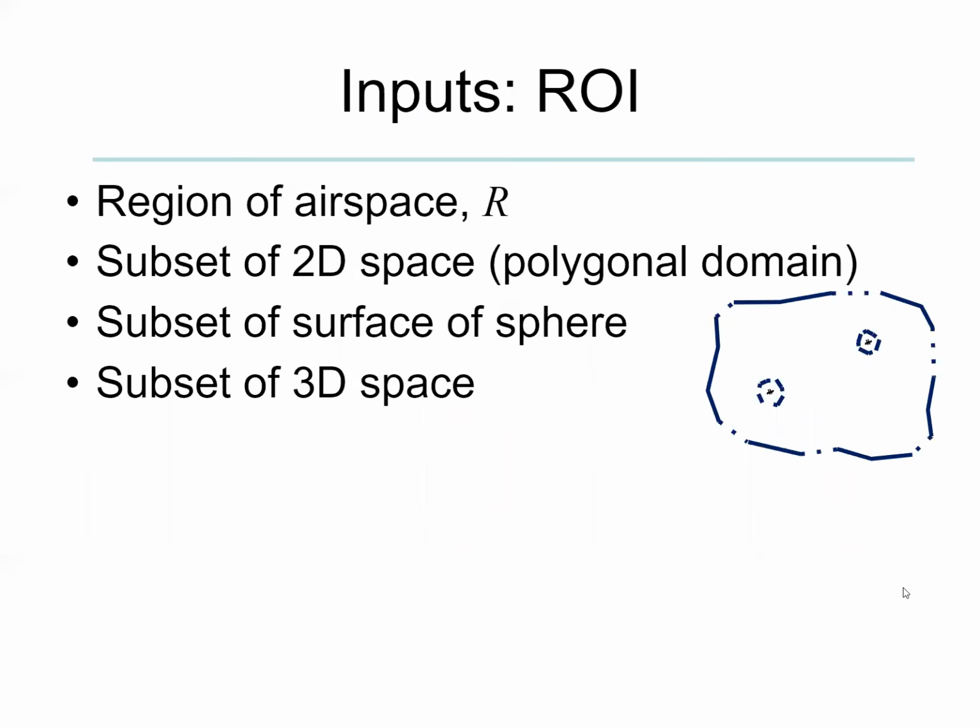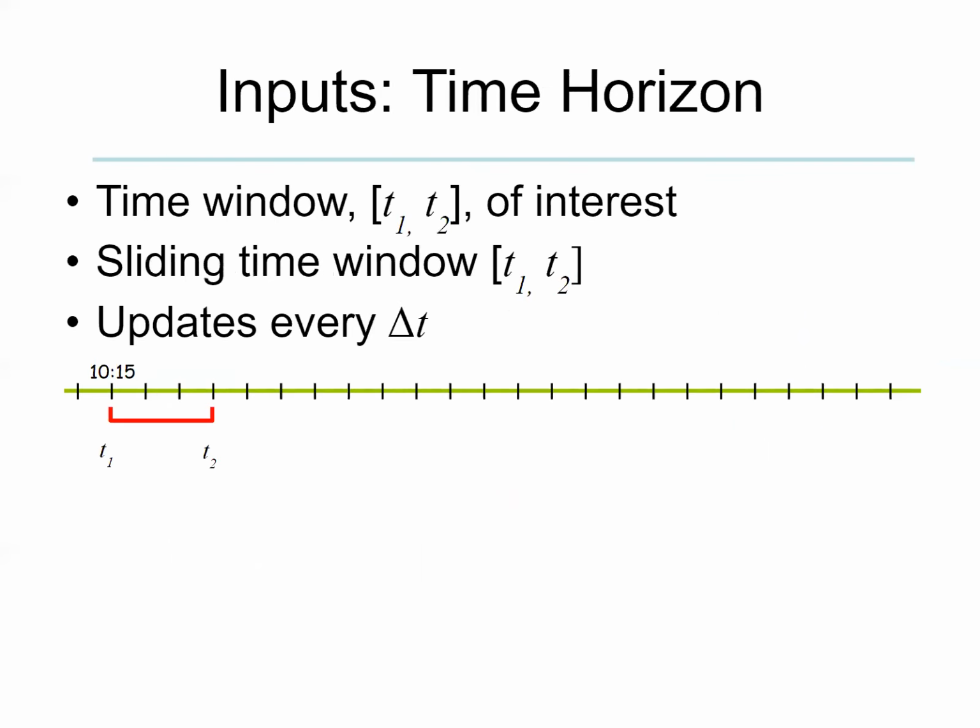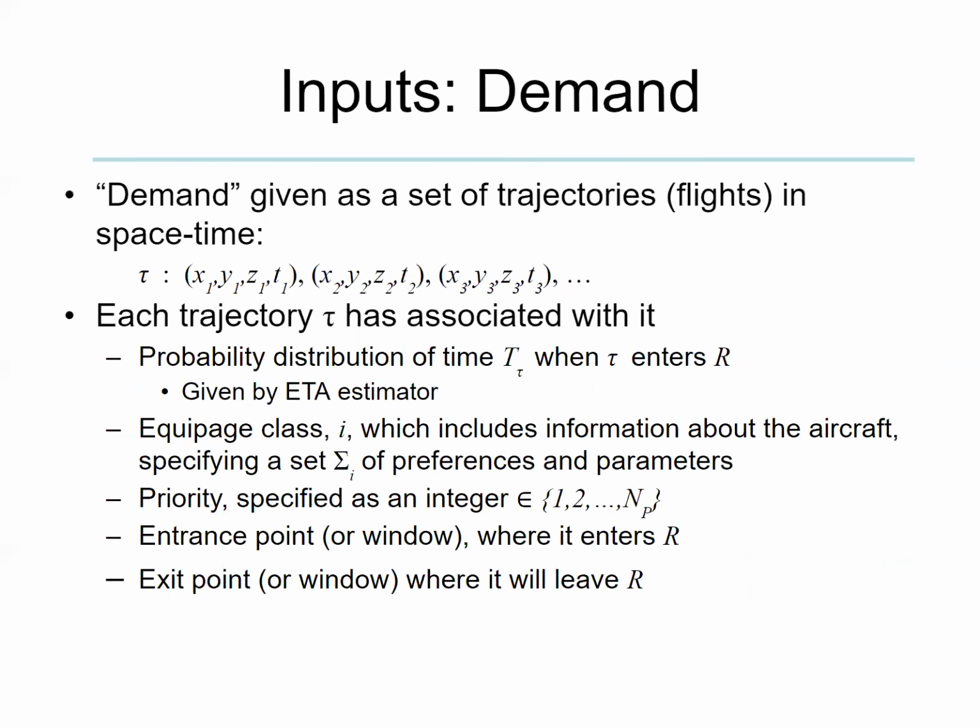and in general, some research ideas that, well, we were talking about input and output and optimization problems, so we can have some region of interest, some airspace, which could be 2D or subset of 3D. We have some time horizon, we can have some sliding window when the information updates every time. We can have the demand.